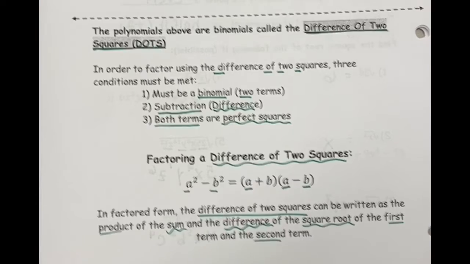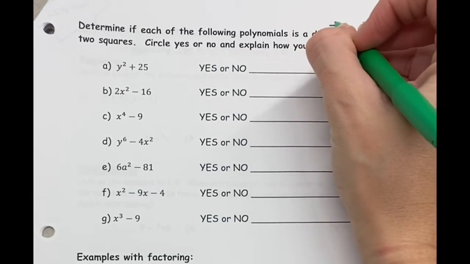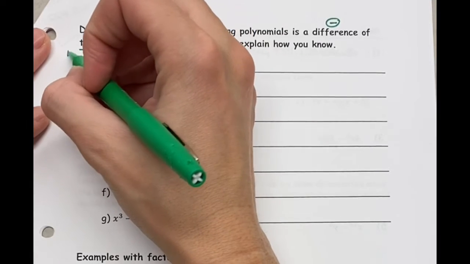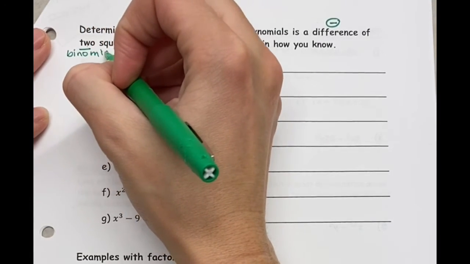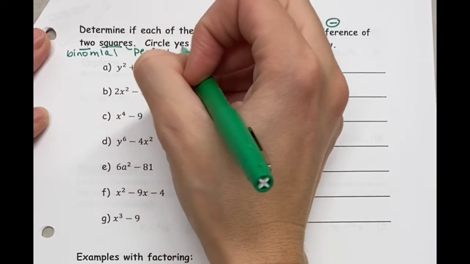So let's do a few examples. The first thing I want you to do is look and determine if A through G would be a DOTS problem based on the criteria. So remember, difference means we need subtraction, two means it needs to be a binomial, and squares means they need to be perfect squares.